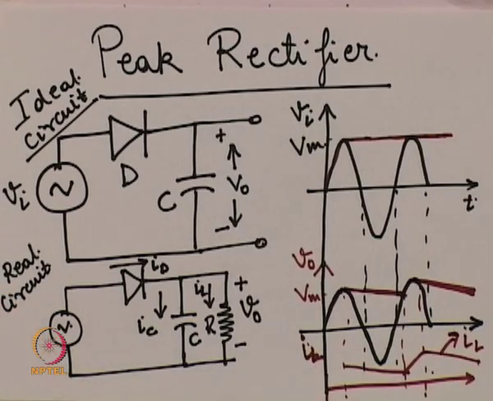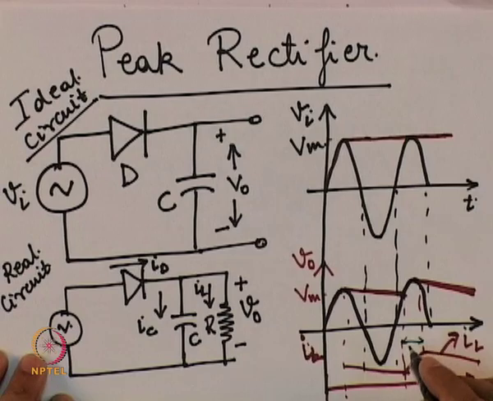The diode will be conducting only during this phase, right? Only during this phase. Therefore, during this phase we will find a surge in the diode current like this, okay, and then it will again become 0. So, this is my ID.